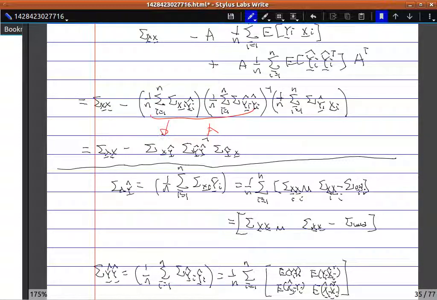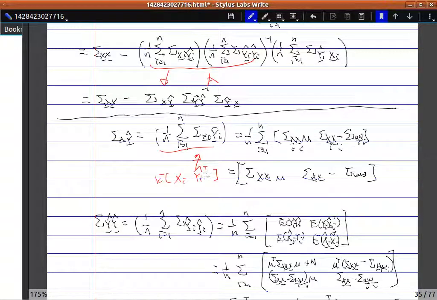Then we will compute each of these covariances. For the first one, let's say it's the average of the covariance between xi and yi hat, and this is just equal to the expectation of xi yi hat transpose.